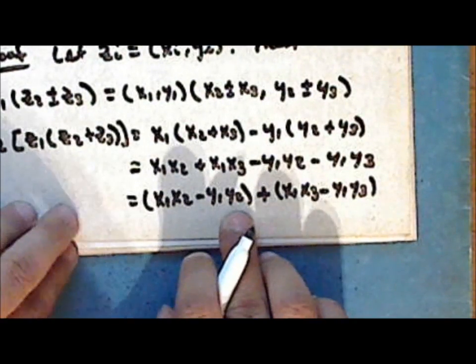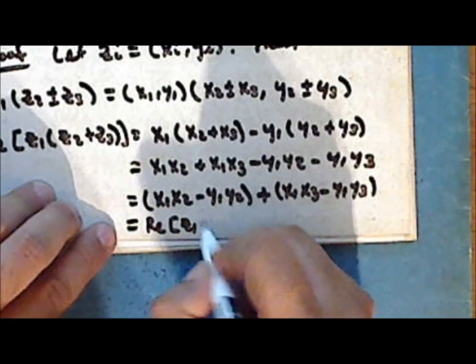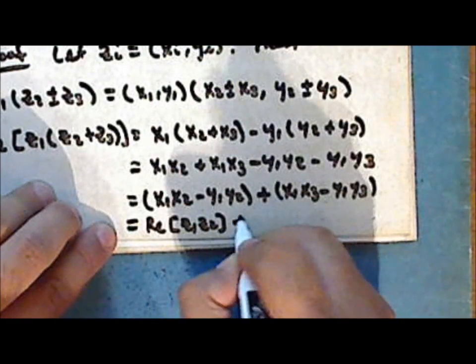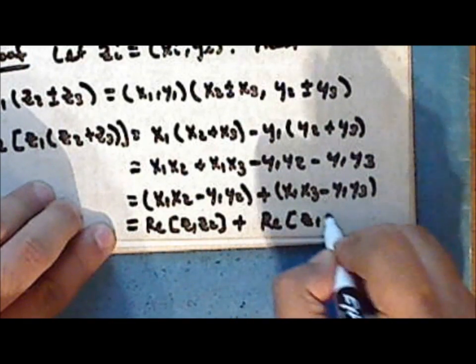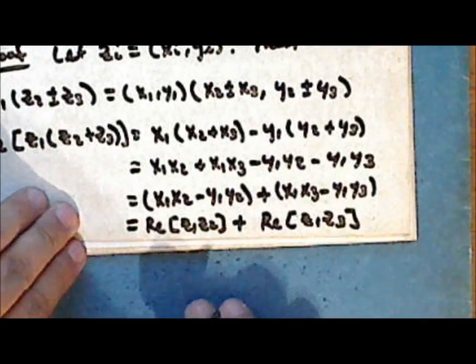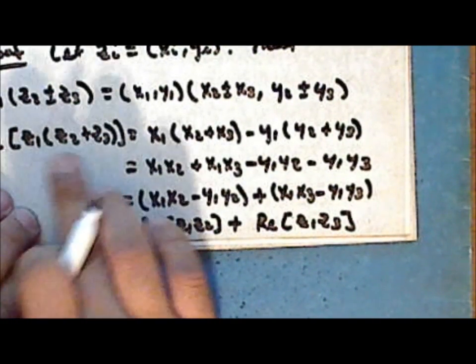This first grouping is the real part of the product of z1 and z2, and the second grouping is the real part of the product of z1 and z3. So next we'll look at the real part of the product of z1 with the difference z2 minus z3.